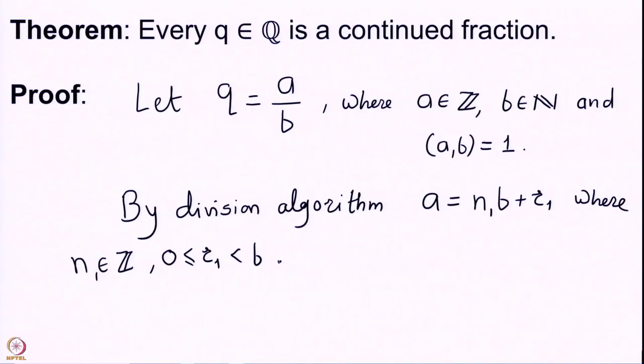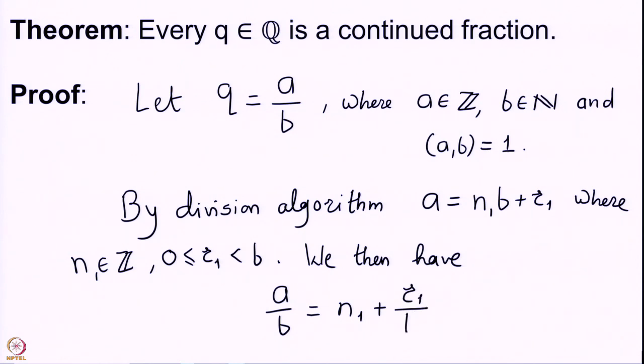So, with this we then have a upon b equal to n1 plus r1 upon b. So, we have written a by b, the given rational number, as an integer plus r1 upon b. Now, this r1 can be 0 or it can be non-zero, but it is strictly less than b.